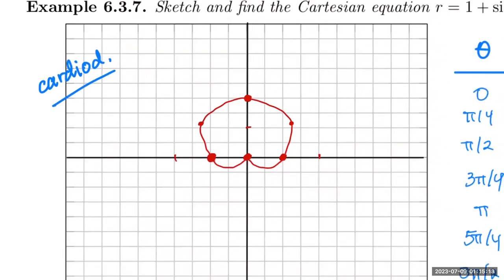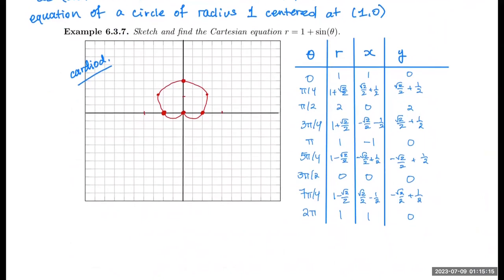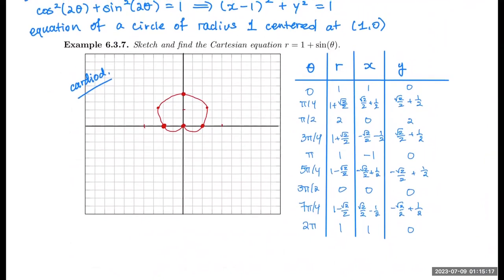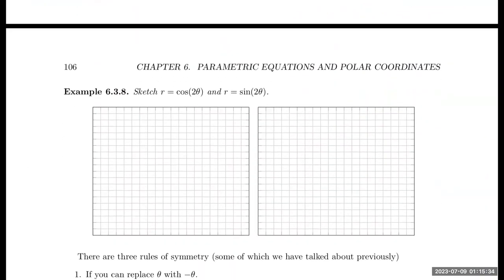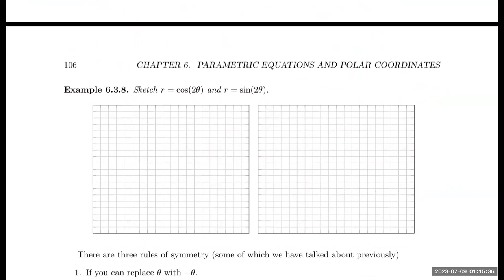And so that's how we can sketch polar equations on a plane. I'll skip finding the Cartesian equation, or I could leave that as an exercise for you guys to try. As well, I want you, the viewers, to try and sketch r is equal to 2 theta and r is equal to 2 sine 2 theta.